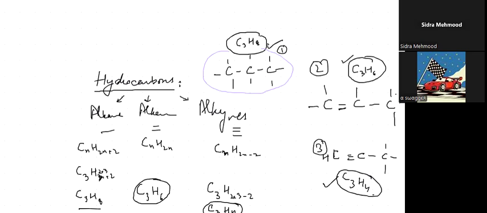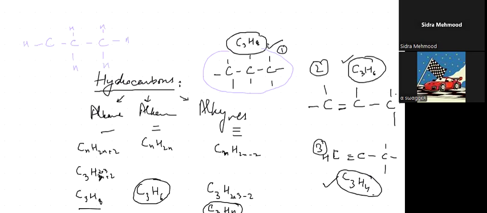But when there's a double bond, say you have been given C3H6, what you have to do is firstly draw the carbon atoms, three carbons, and then 6 hydrogens: one, two, three, 4, 5, 6. Now you have to completely satisfy the valency of carbon.